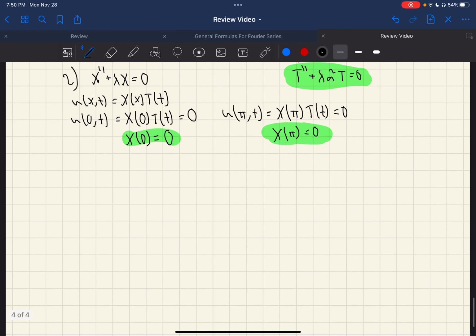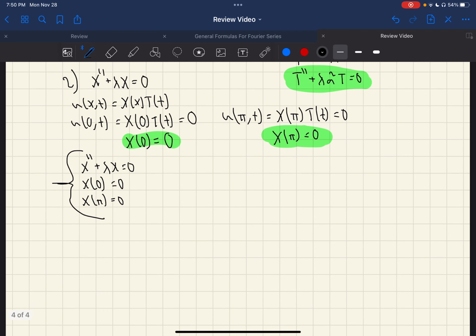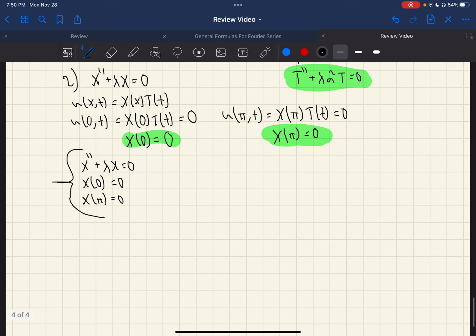Now let's just group everything we have. So we have our ODE we're trying to solve, and now we have some conditions. And now this has become an eigenvalue problem. We have everything we need to solve it. So imagine you're solving an auxiliary equation. We just need to state that we're using e to the mx.